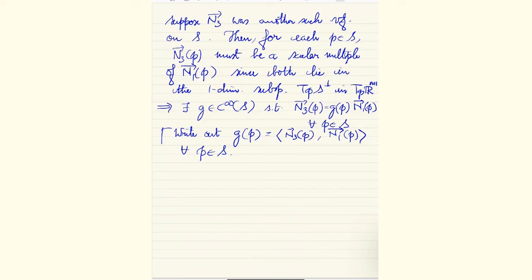Now these are both unit vectors, so g has to be plus or minus 1, for every p. Now, of course, g is smooth.